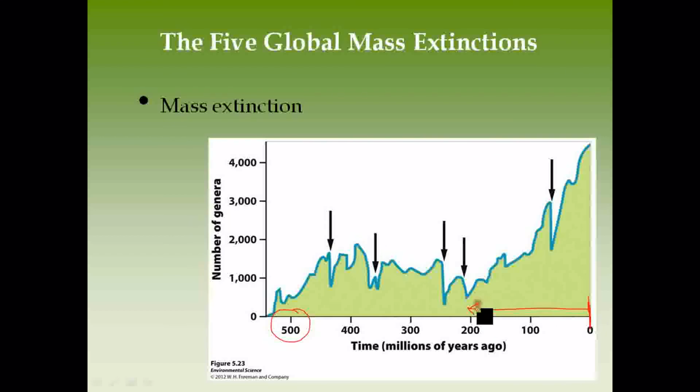We can see from the fossil record times in Earth's history where there's been a significant, just drastic drop in the number of species. Here's one of them. Here's another. We have theories about why it happened.